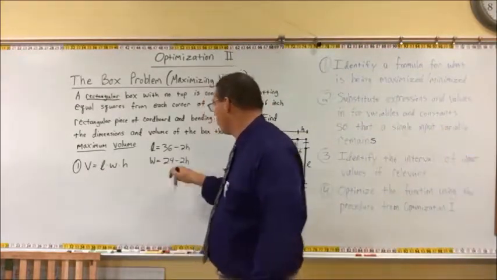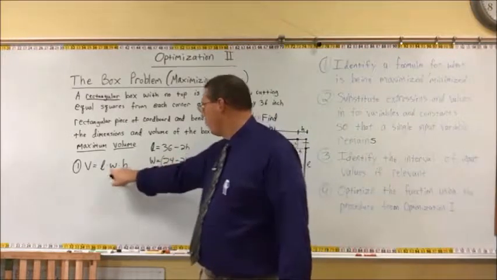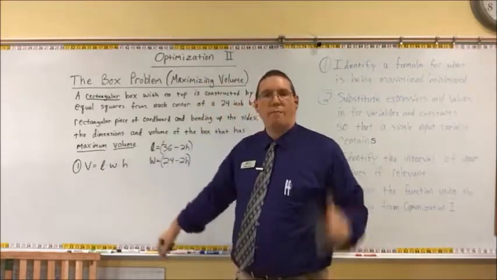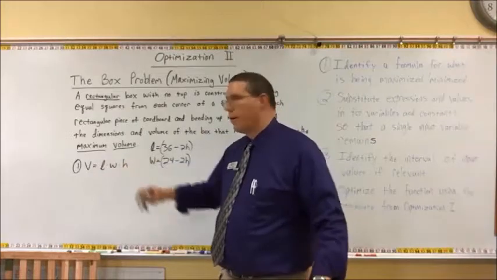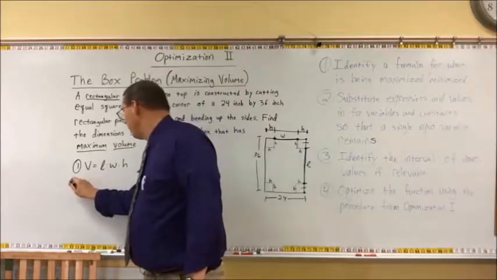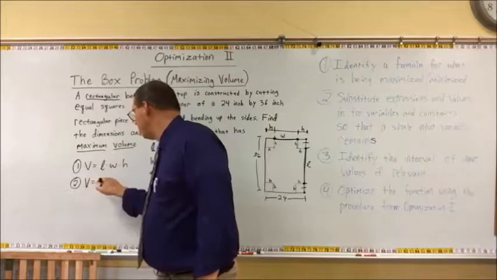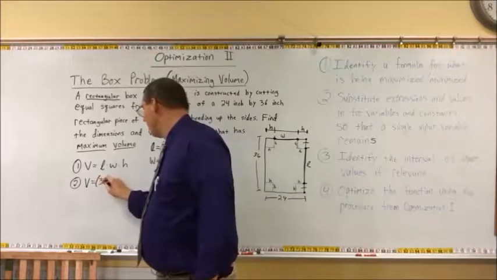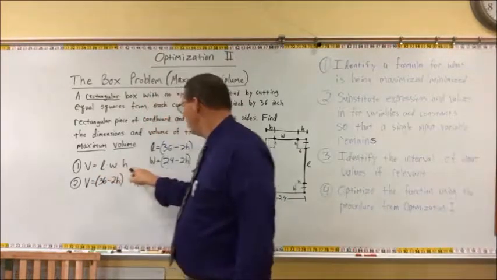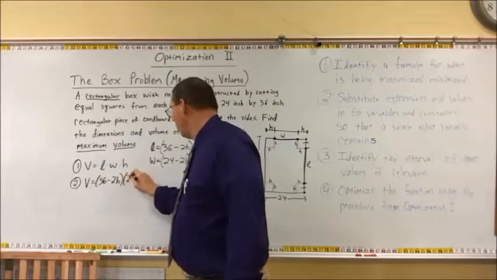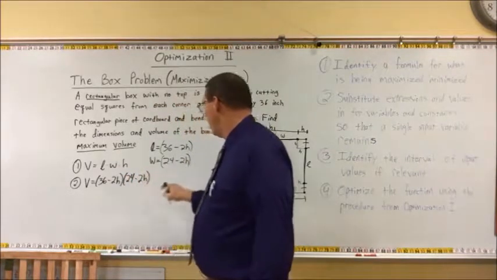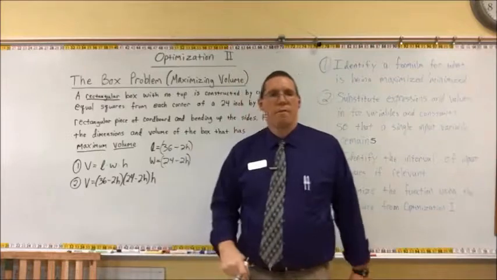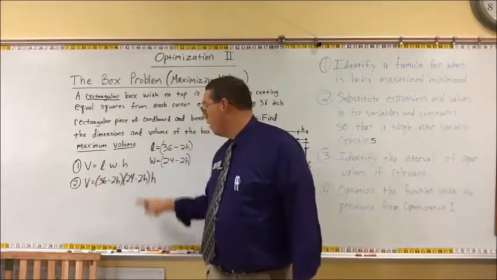If I put this 24 minus 2H in for width and this 36 minus 2H in for length, we will have one output variable and one input variable, H. So our formula now is going to become volume is equal to, well, what's length equal to? 36 minus 2H. What's width equal to? 24 minus 2H. And then for height, we'll just put the H. And this is now our volume formula as a function of height.